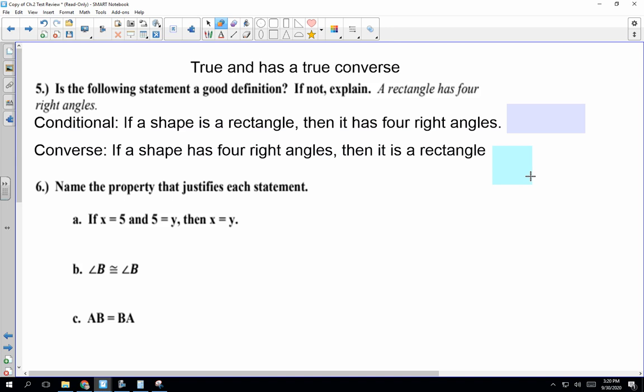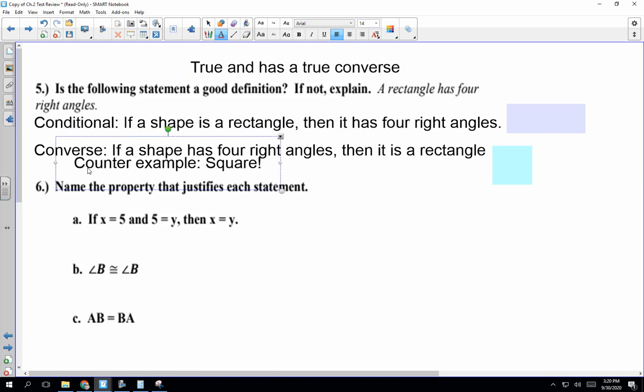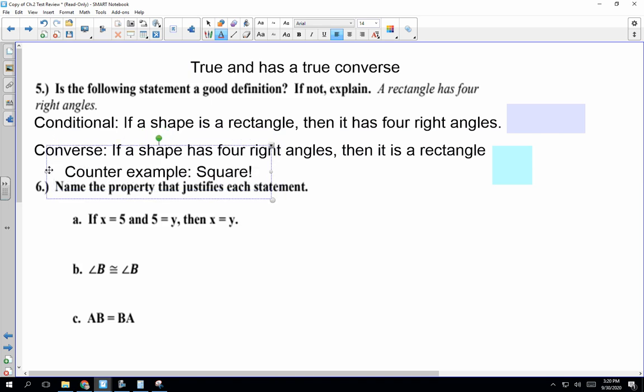Does this shape have 4 right angles? Yeah. And is it a rectangle? No. It is a square. I know, I get excited on the counterexamples.